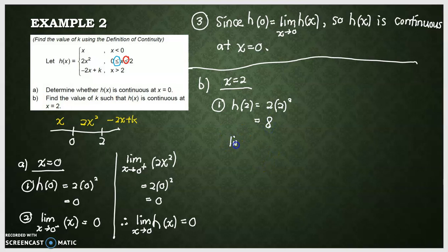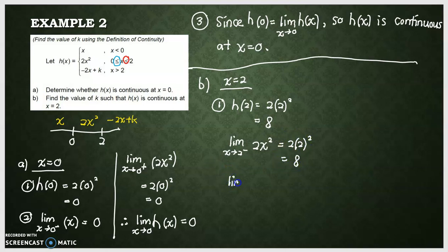Next, the limit as x approaches 2 from the left hand side for the function h(x). From the left hand side, the function is 2x squared. So I substitute 2 squared, again here is 8.